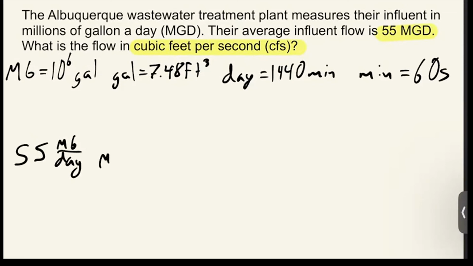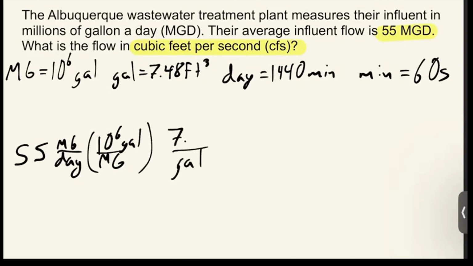So per million gallon, there's 10 to the 6 gallons. Per gallon, there's 7.48 feet cubed. So that takes care of our volume.